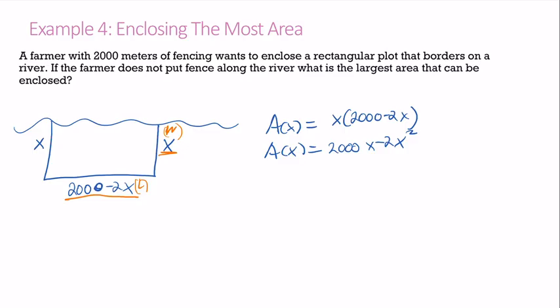Maybe I rewrite this so I have A of x equals negative 2x squared plus 2000x. And I can try and find the vertex. So h is negative b over 2a.